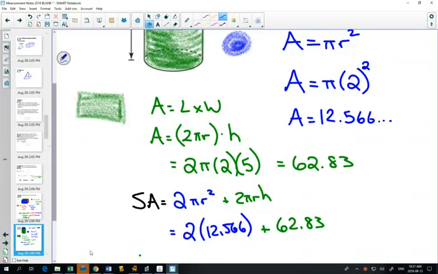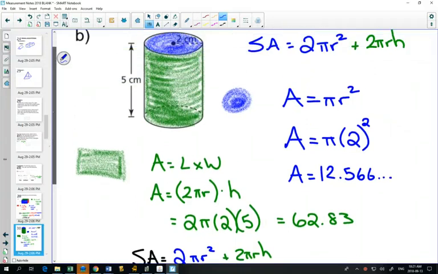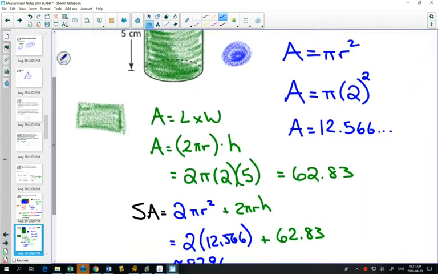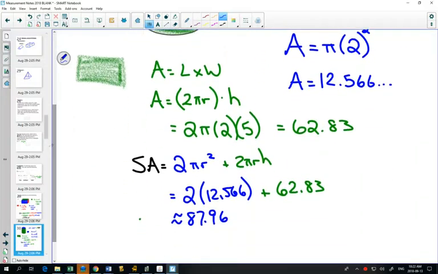So since I'm rounding here in the end, 87.96, and did we have any units? Centimeters. Okay? Imagine how big this is.